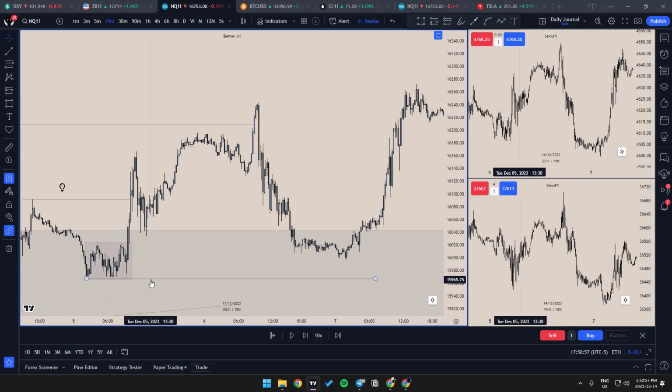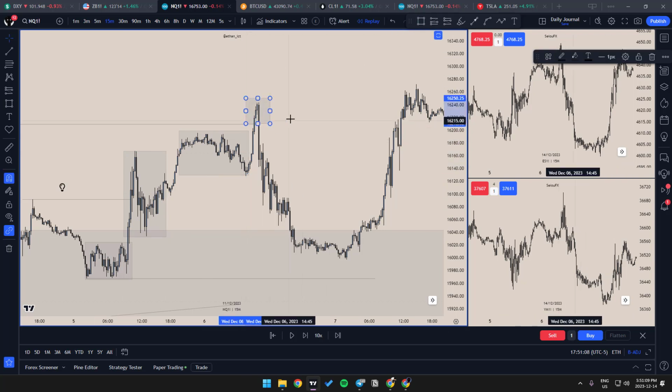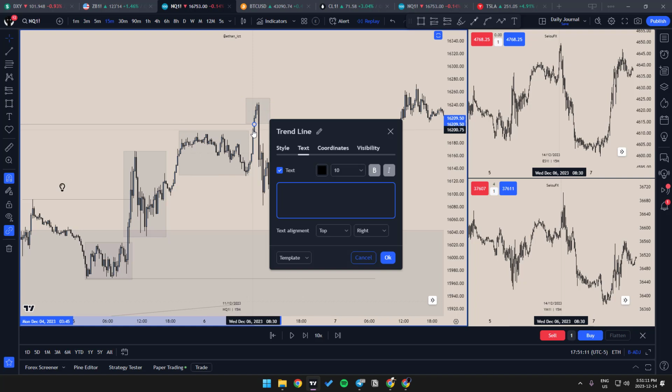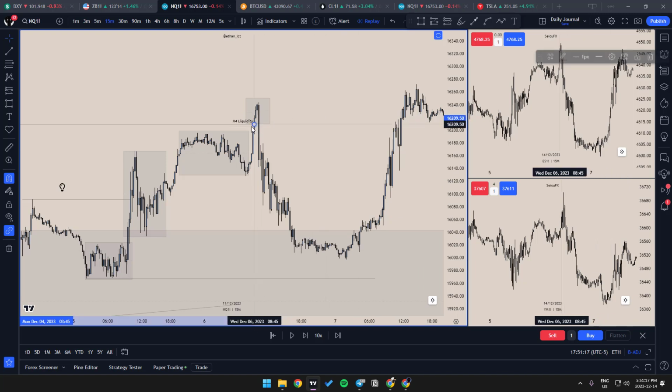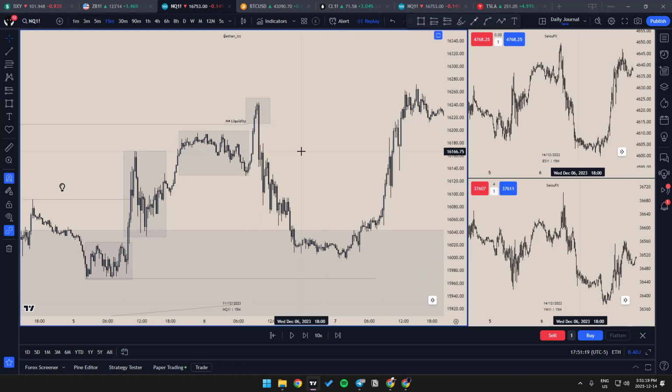So we have a very clean original consolidation here. We have accumulation phase 1. And then we have accumulation phase 2. From here, we get our smart money reversal from that higher time frame level, right? So that's our higher time frame liquidity.